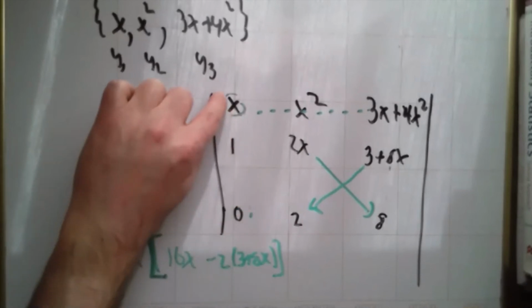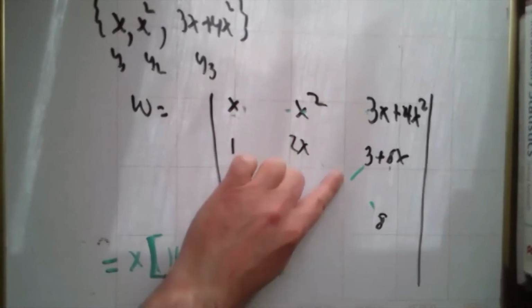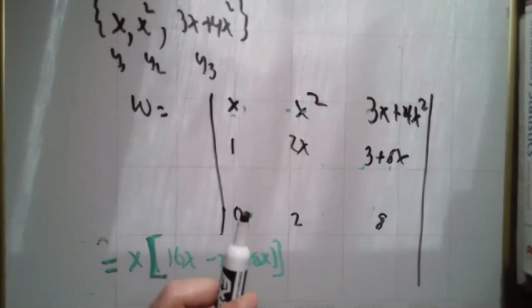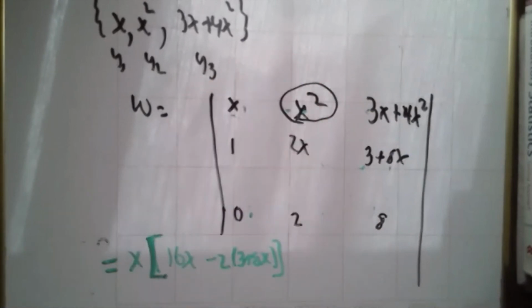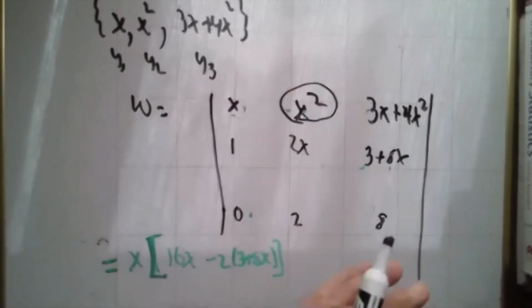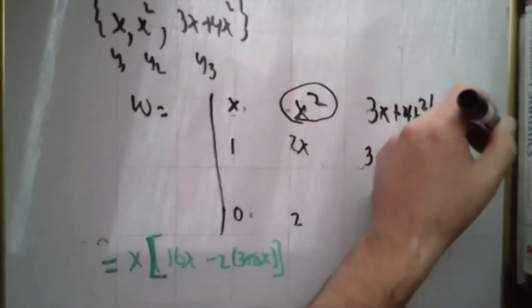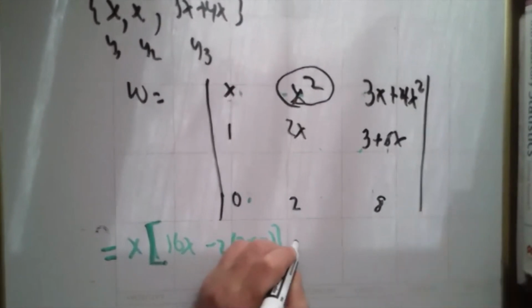Then I move across. I'm expanding across the top row, so now I move on to this guy. Now remember with determinants, it goes plus, minus, plus. Plus that one, minus, plus. If this were a 20 by 20, it would just keep alternating. Plus, minus, and so forth. So minus, I'll try to write it all in one line.